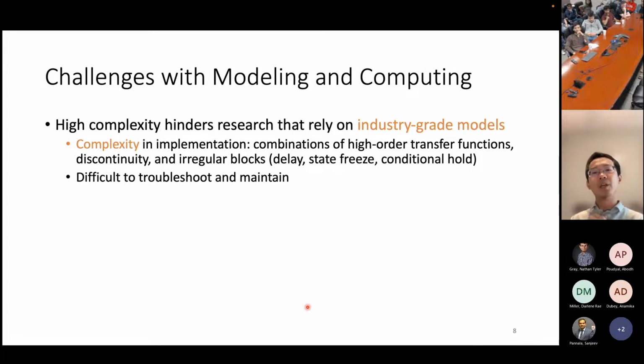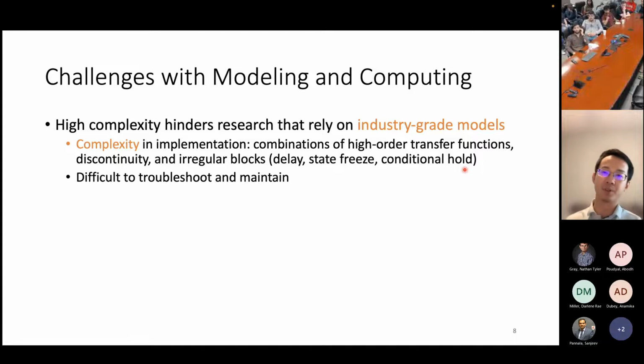And for those industry-grade models that have more complexity, research is being hindered because implementing those models alone is very programming intense. So complexity in the implementation involves the combination of high order transfer functions, discontinuities such as limiters and deadbands, or irregular blocks such as delays, state freeze, conditional hold.